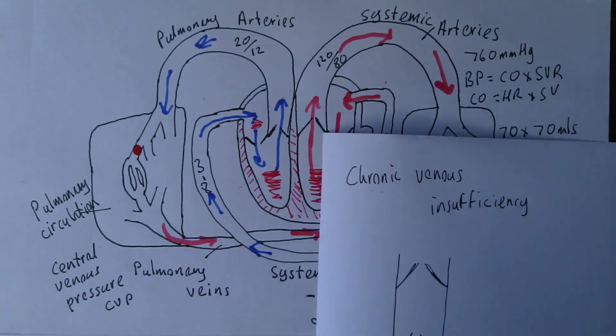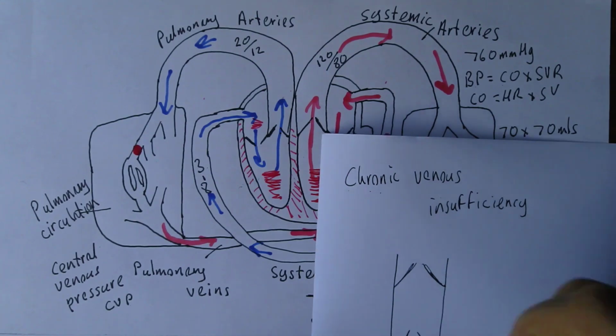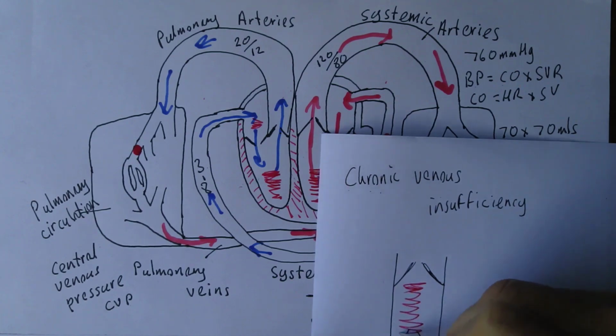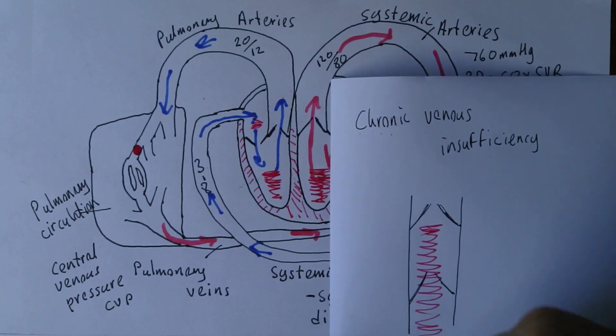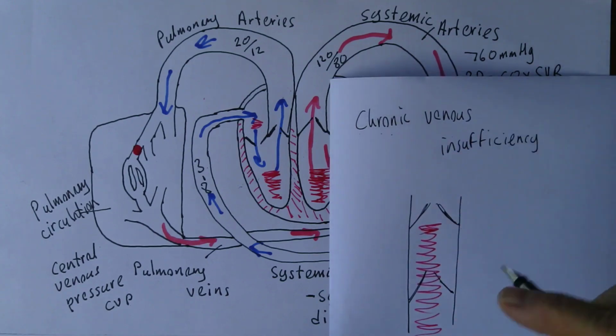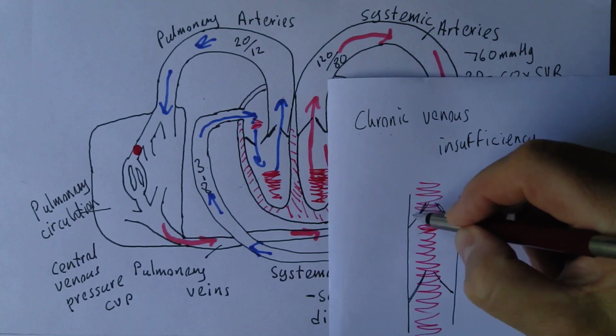But basically if these valves fail, then the blood is going to dam back, forming a column of blood. And the pressure at the bottom of this column of blood is going to be higher than it should be, because instead of having little columns of blood in between the valves, we end up with one big one because the valves have failed.